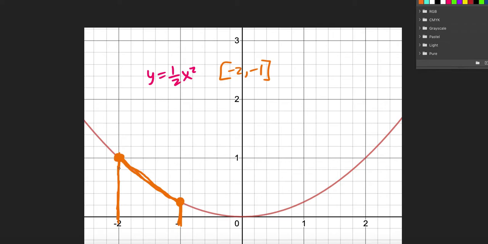Now we have to go down 1, 2, 3, 4, and then over 1, 2, 3, 4, 5. Now that's just with squares, right? So what we're doing, we go down, let's see, these are 0.2, 0.4, 0.6, 0.8, 1.